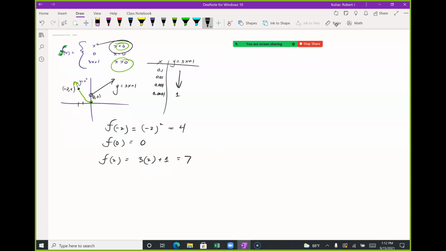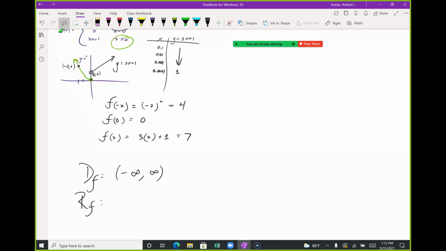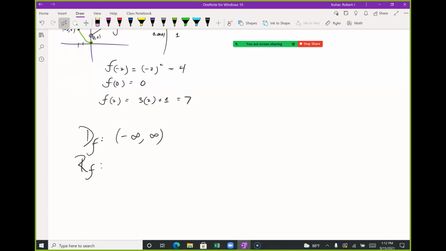What's my domain here? Look at that green part. Yeah, everything, right? So the domain here is negative infinity to infinity. What about my range? Would it be -2 to infinity?